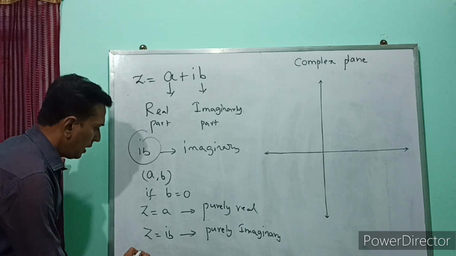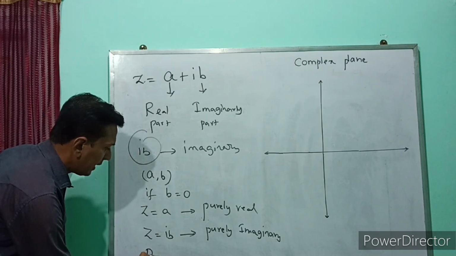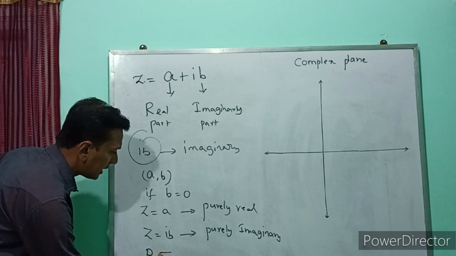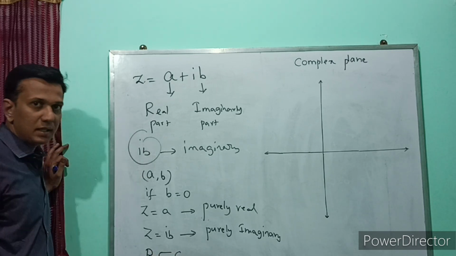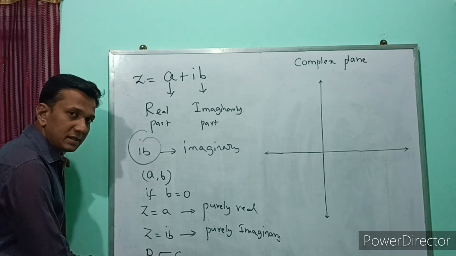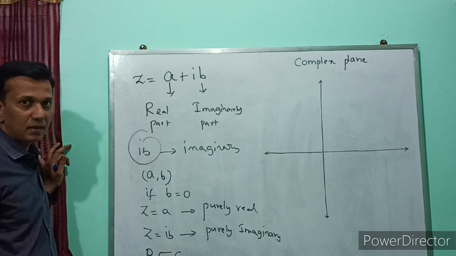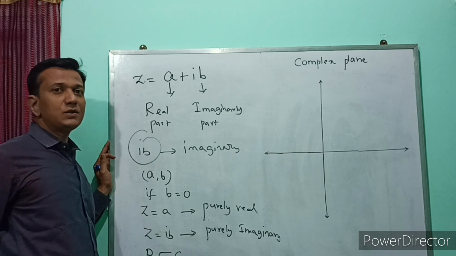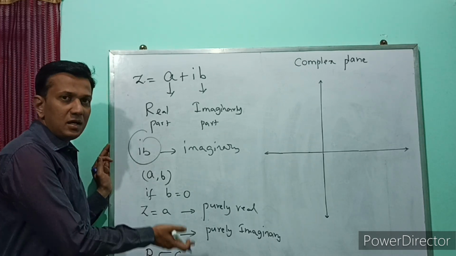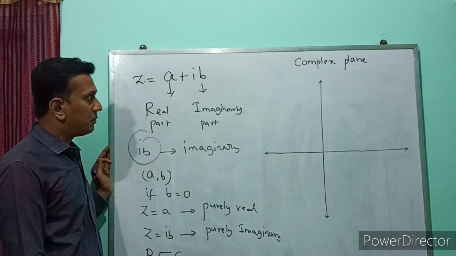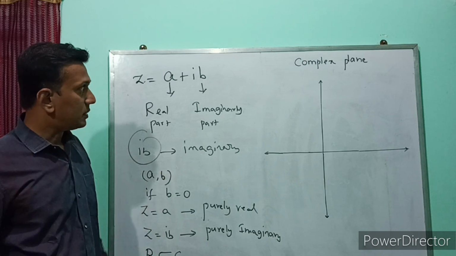Next, we can say that the real number set is a subset of complex numbers. So the complex number set is the superset of real numbers, that is, of all the numbers.